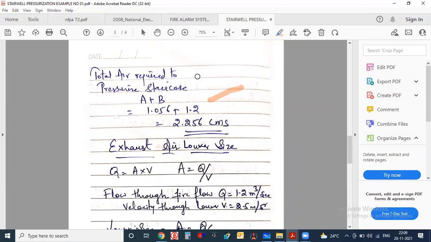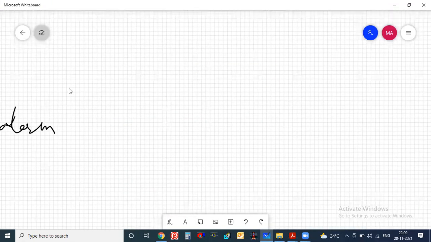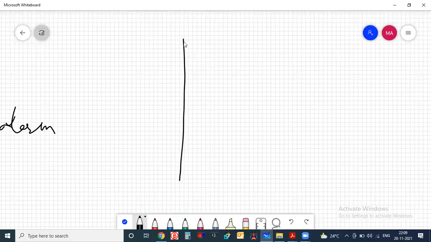Okay, positive pressure means the door will not open from, what is the meaning of positive pressure, that you should understand first. Normally how this thing will look like, suppose this is our building, for example, and these are the floors.